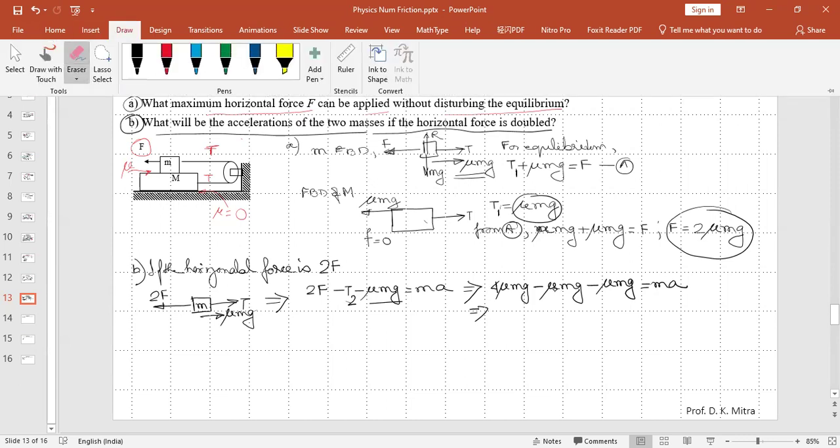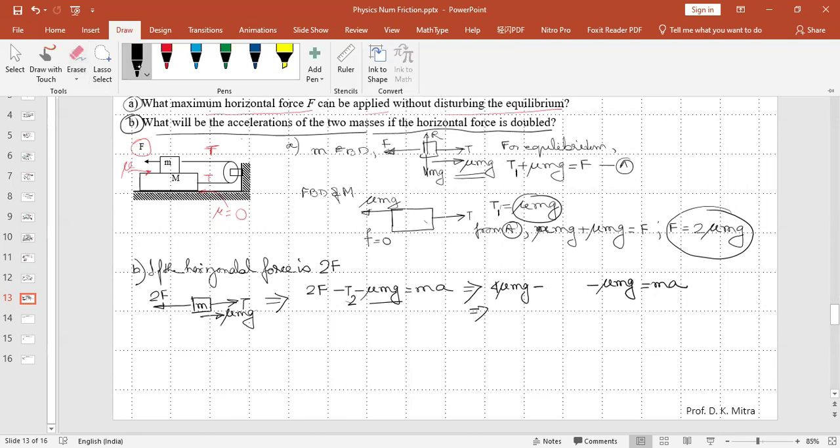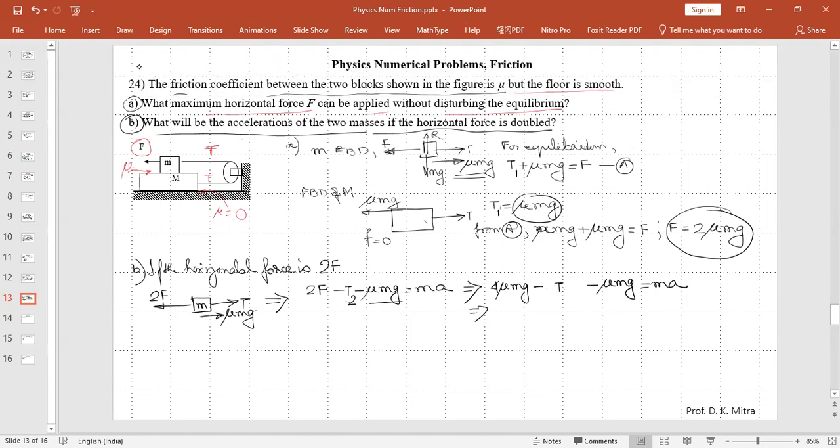So here we cannot write T, we have to write T2. So 2F is 2 mu mg minus new tension T2 minus mu mg equal to ma. From here we can write 3 mu mg minus T2 is equal to ma.